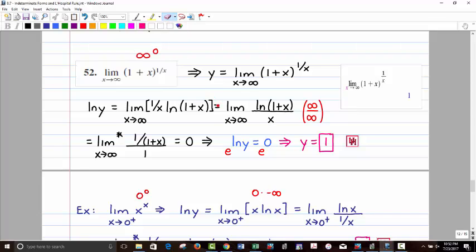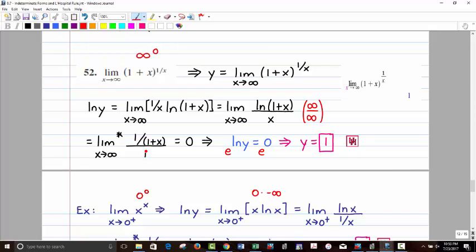Well, ln of x never drops down. Actually, the 1 over x means it's already x on the bottom, so that's good. So now we have the limit as x goes to infinity of ln of 1 plus x over x. L'Hopital's rule is going to apply here. The derivative of ln of 1 plus x would be the derivative of 1 plus x, which is 1, over 1 plus x.